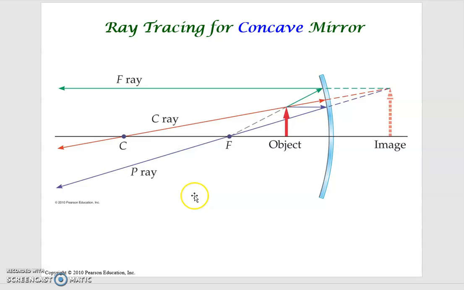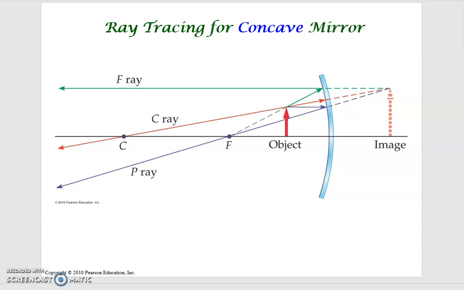Instead, the intersection will happen if you draw the dashed lines backward. So in that case, you will also need the C ray to help you. So now you will find out the image formed by a concave mirror could be virtual and upright. And you can see now the image formed is bigger than the original object.